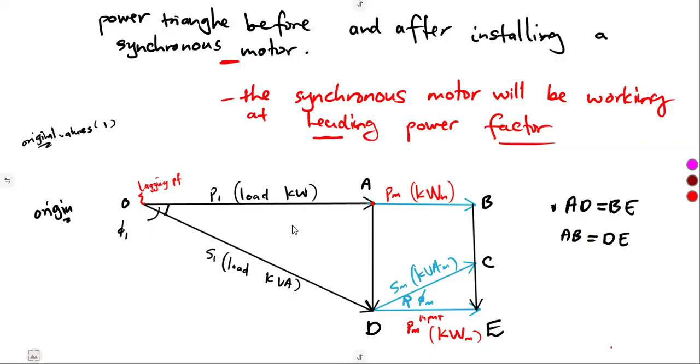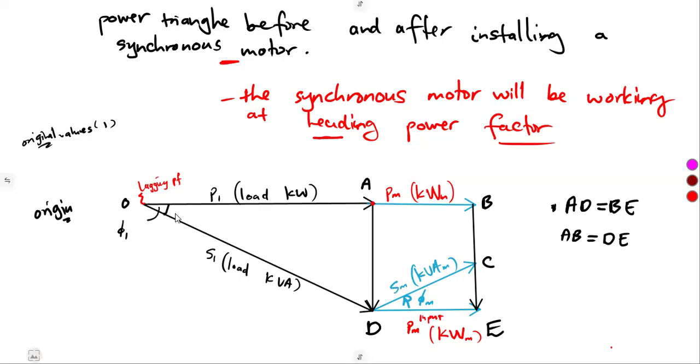So this is the concept. So where is going to be the resultant? This part, we are saying here it is the part of our synchronous motor, which we connected for what? Power factor correction. So what is going to happen? This was our load kVA without this synchronous motor connected. Now the synchronous motor is connected.